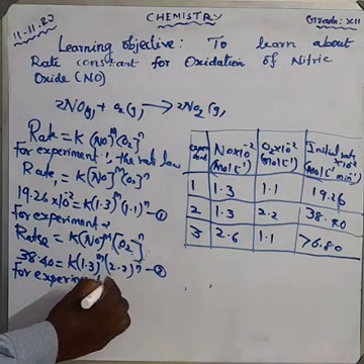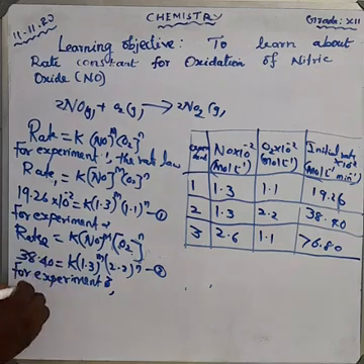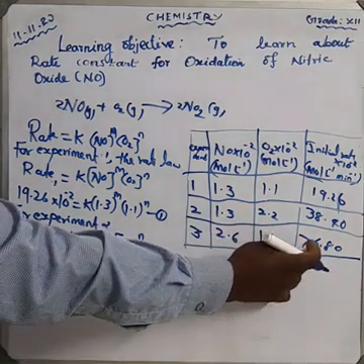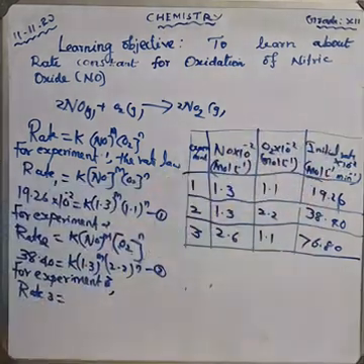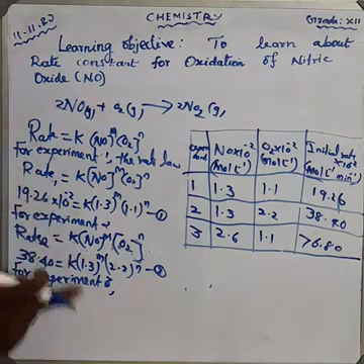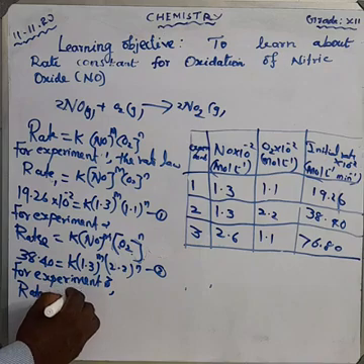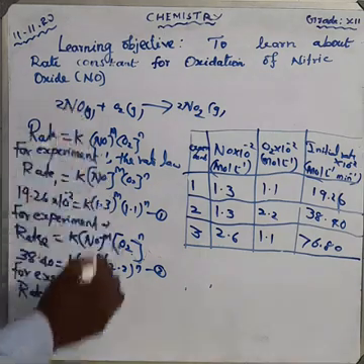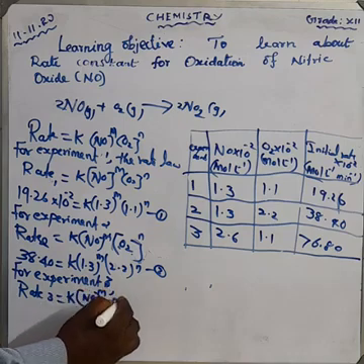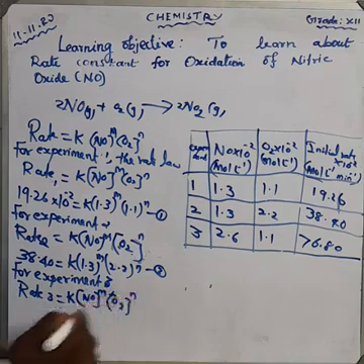For experiment number 3, rate 3 is equal to 76.80 into 10 raised to minus 2. Each time you should write the formula: K into NO power m, O2 power n.